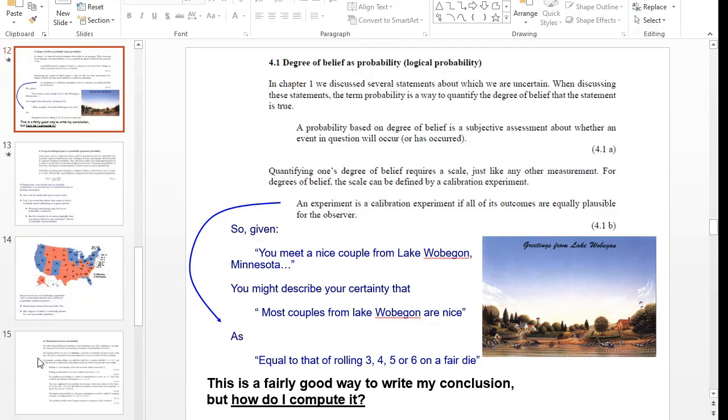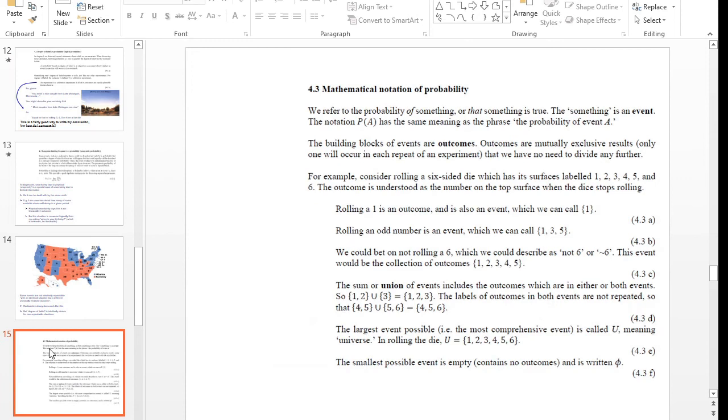Well, in order to compute probabilities, we first of all need some notation of probabilities. This is going to be section 4.3. And we'll need some mathematical rules for probability theory, which will be section 4.4. So, mathematical notation of probability. You need to know this.